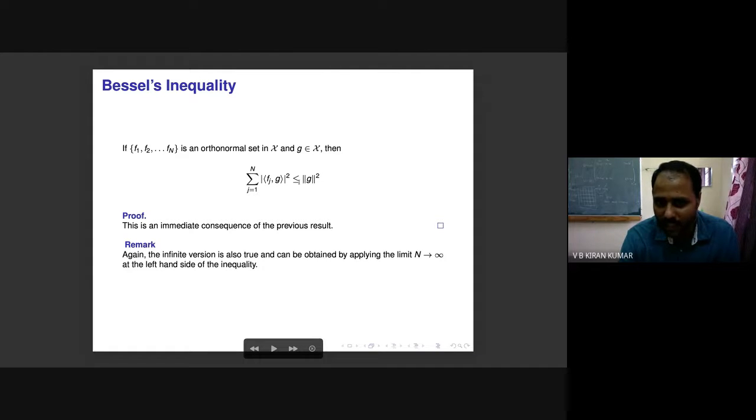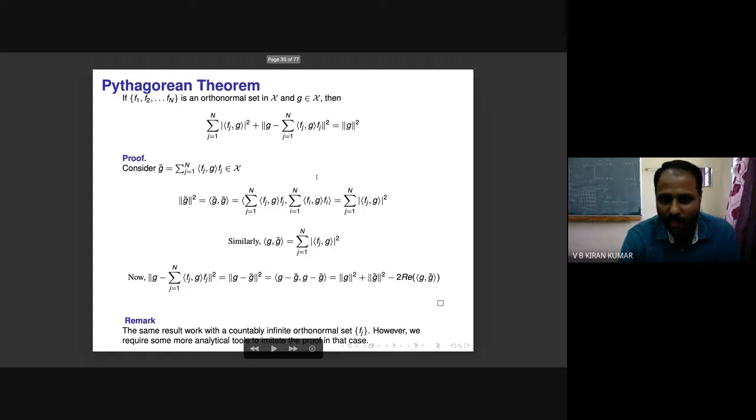Equality holds means the absolute value square of inner product f1g is equal to norm g square. Then you go back to the computation. So this quantity and this quantity are equal. That happens exactly when this is 0, right? If these two things are equal, then this should be 0.